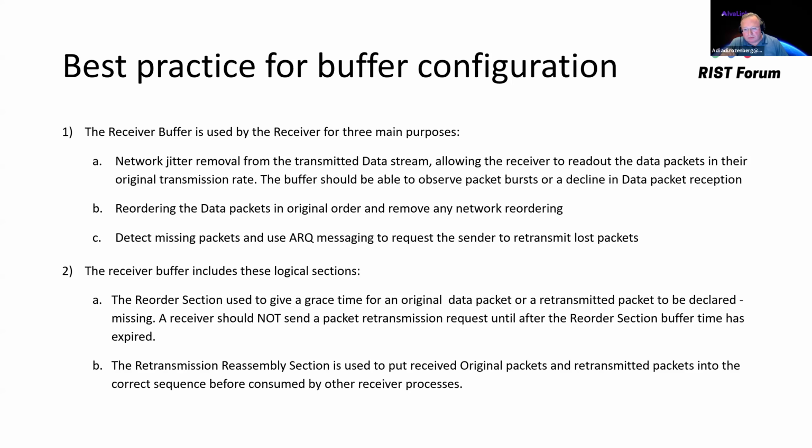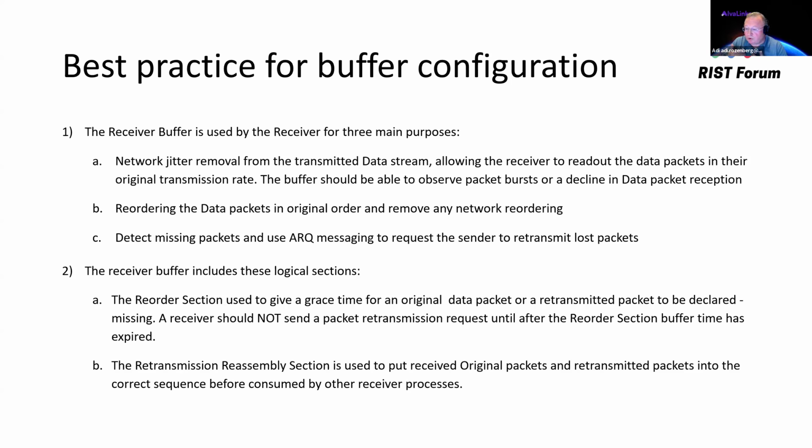What we want to make sure, first of all, is that the buffer is used for jitter removal from the transmitted data stream, so that we decouple the network behavior from the output of the receiver. So the packets can be outputted using the original transmission rate in the original order that they were sent over the network.